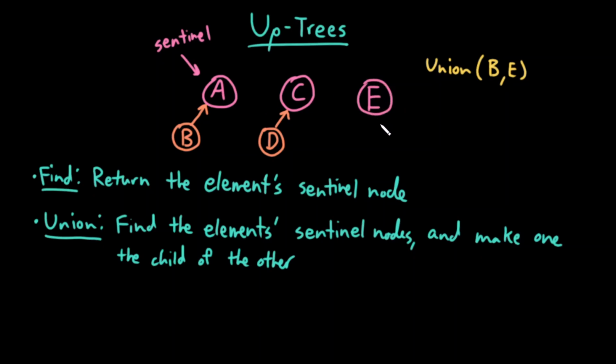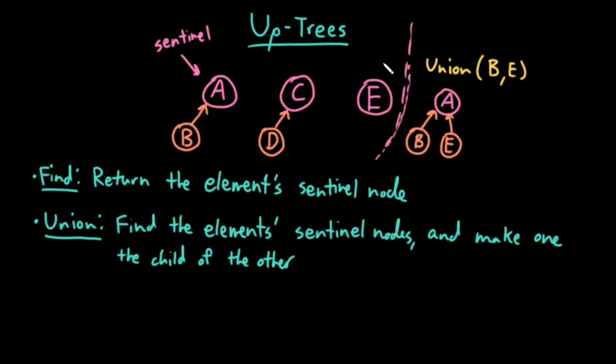Arbitrarily, I'll just make E become a child of A. So how would that look? This would result in, so I'm just going to separate this out a little bit, A, who still has B as a child, so B's parent pointer is pointing to A, but now E is also a child of A.